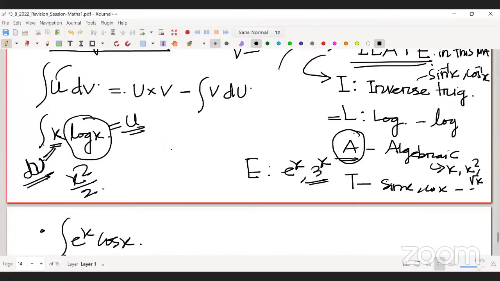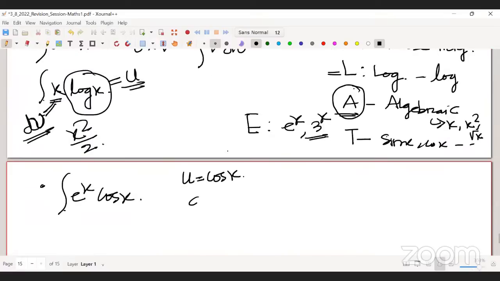So u is cos x, and dv is e to the power x. If the derivative of a function is cos x, then what is v? Sin x. Okay, so your u is cos x and v is sin x, right?